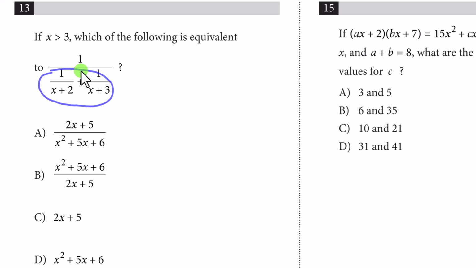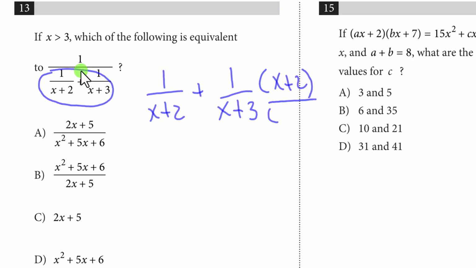So we're looking at 1 over x plus 2 plus 1 over x plus 3. What you have to do is multiply this one by x plus 2 over x plus 2. And this other side is going to be x plus 3 over x plus 3.